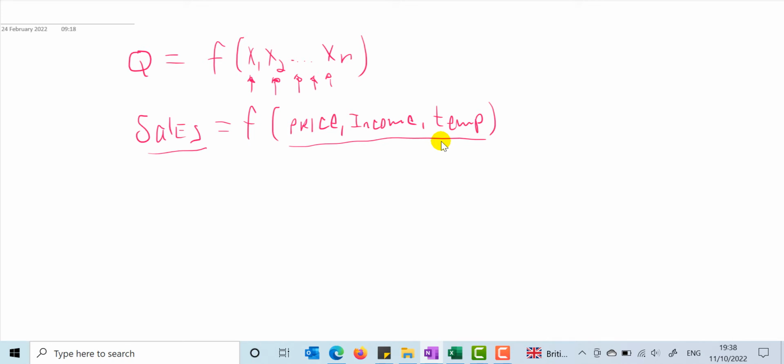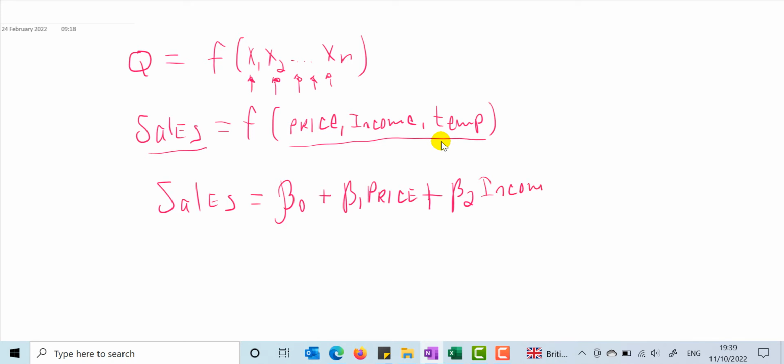Since we're hypothesizing a linear equation here, the general form of this function looks something like this: beta 0, so it's a constant, beta 0 plus beta 1 price, plus beta 2 income, plus beta 3 temperature.